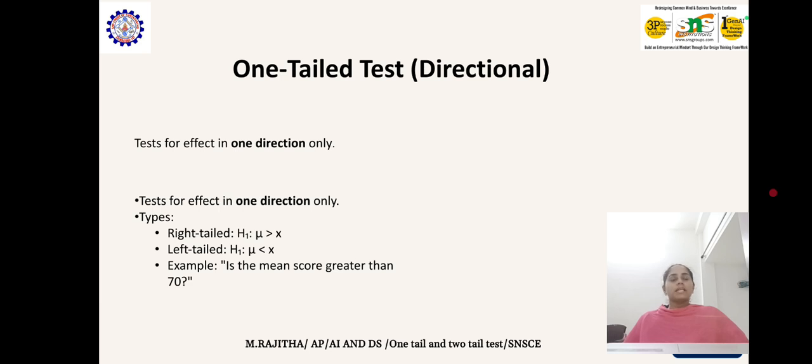This approach increases the power of the test to detect an effect in the specified direction, but it cannot detect effects in the opposite direction. The one tail test is appropriate only when there is a strong theoretical reason to expect the effect to go in one direction.